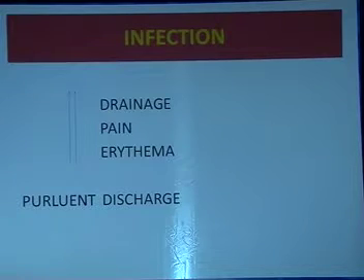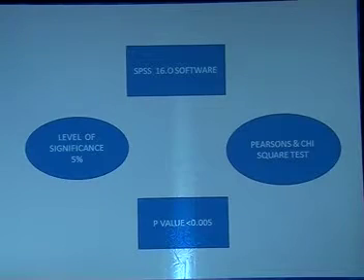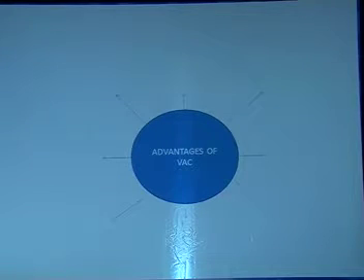Infection was mainly assessed by increased drainage, increased pain, increased erythema, and purulent discharge. We used SPSS 16 software with a significance level of 5%. The two tests were Pearson's and chi-square, and the p-value was less than 0.005.